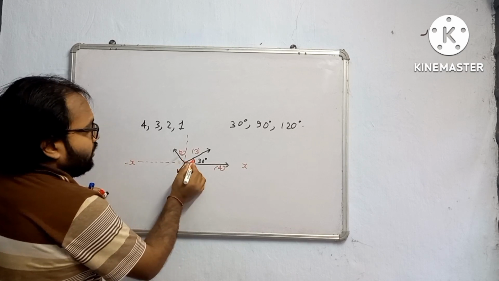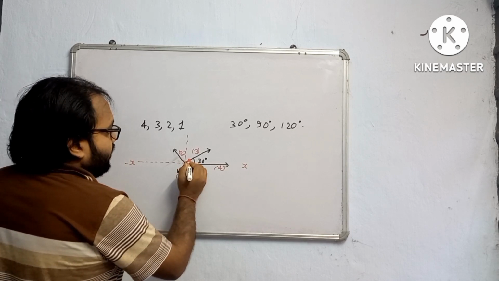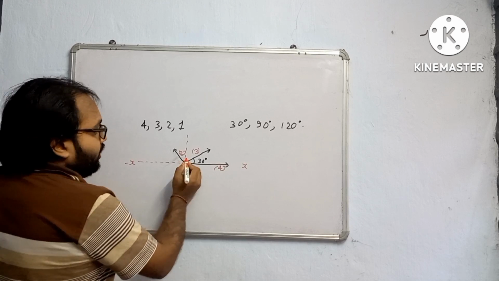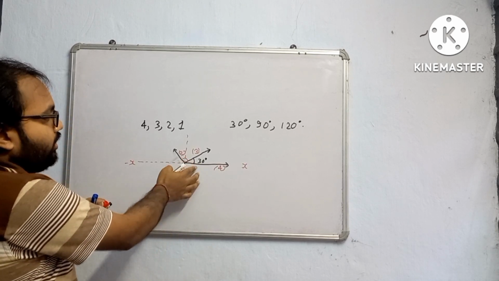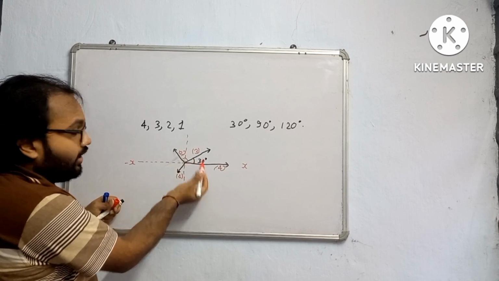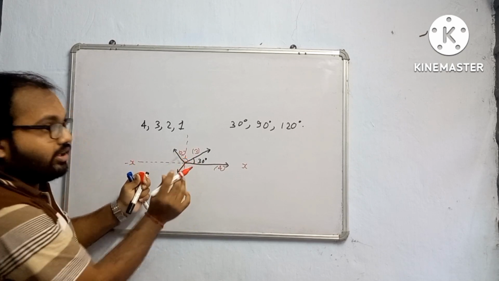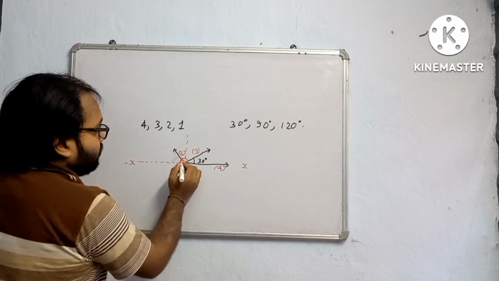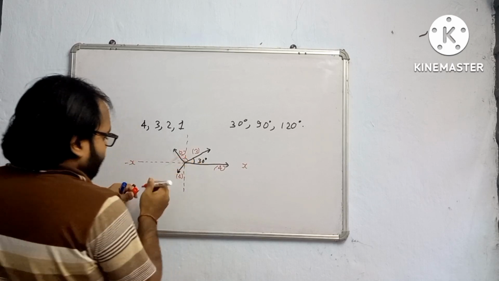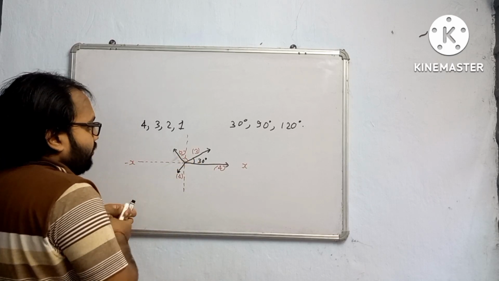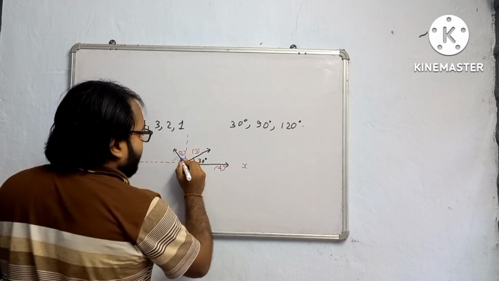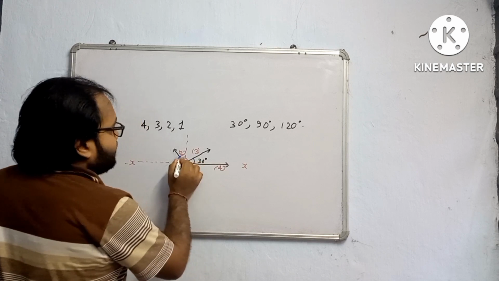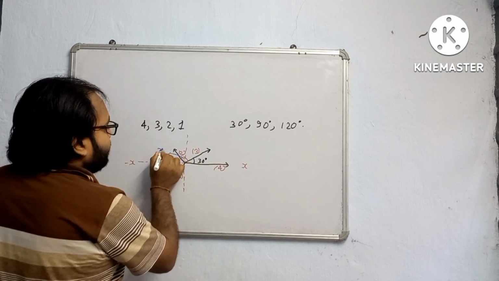One more thing, if this is 90 degree and the initial angle here is 30 degree, 90 plus 30 is 120 degree. So this angle will be 30 degree. With blue I am marking the measure of the angle between the vector of 2 units and the positive y-axis. This is 30 degree.